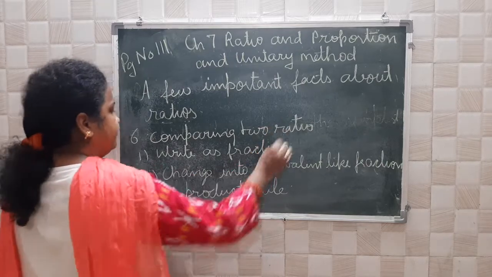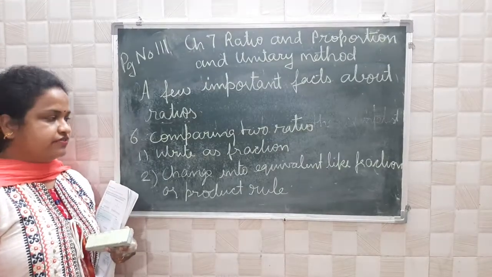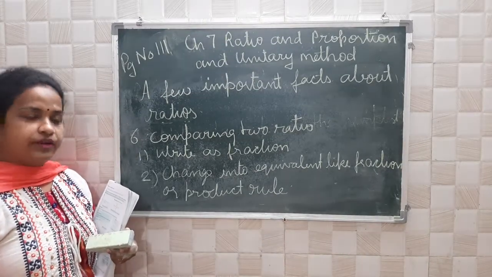When you have to compare two ratios, what do you have to do? Write as fractions, or change into equivalent like fractions, or use the product rule.